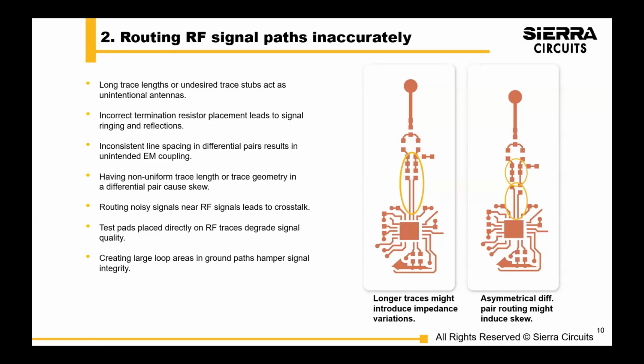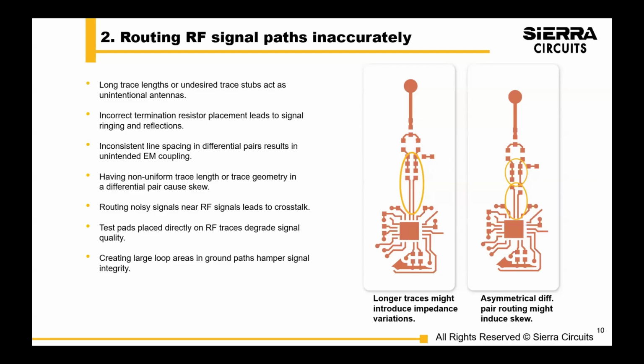So, one thing that you have to consider when you're routing your critical signals is try and avoid the long trace lengths or stubs that would unintentionally act as antennas. And then, of course, incorrect termination resistor placement can lead to signal ringing and reflections. Inconsistent spacing in differential pairs can affect the signal integrity, although I think that a lot of the tools out there handle that now very well, as long as you use them.